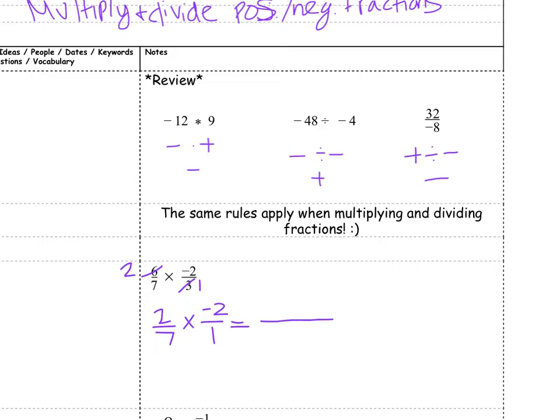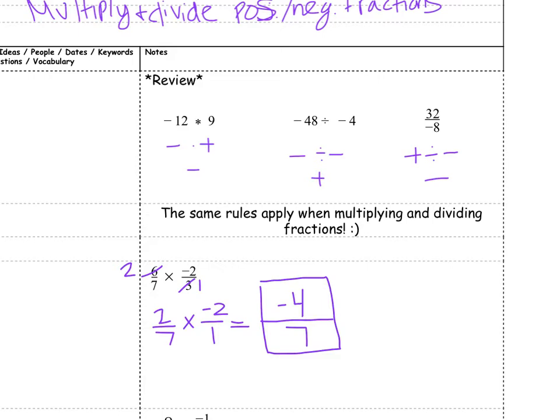So 2 times negative 2 is negative 4. Remember that, like we said up above, a negative times a positive will get us a negative. So then I'm just going to go down to the denominator and multiply across. So 7 times 1 will get me 7. So my answer is negative 4/7.